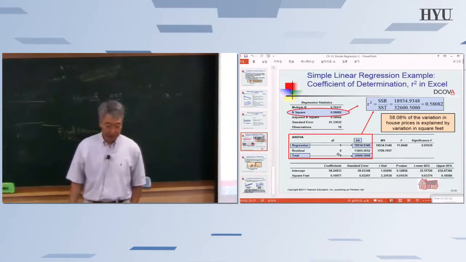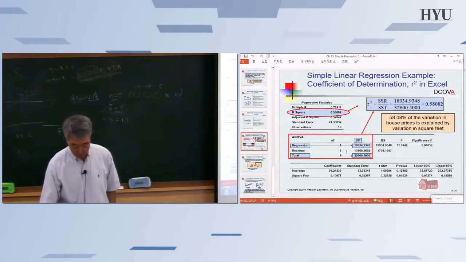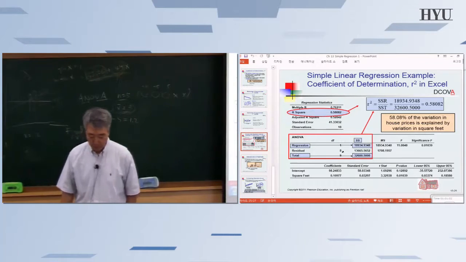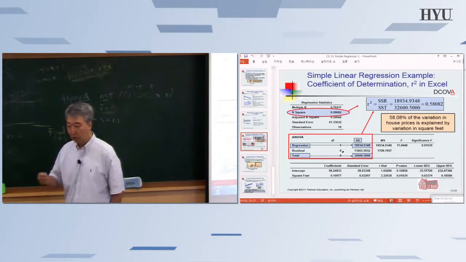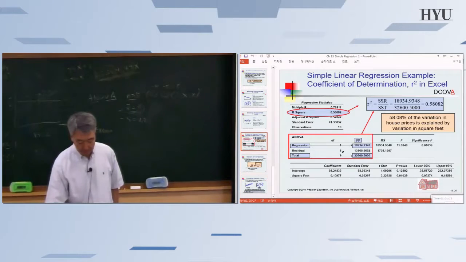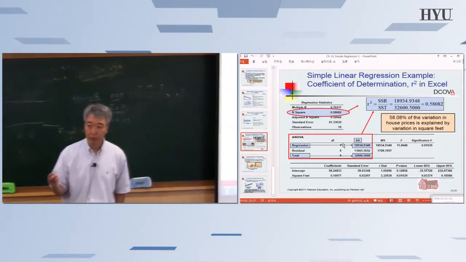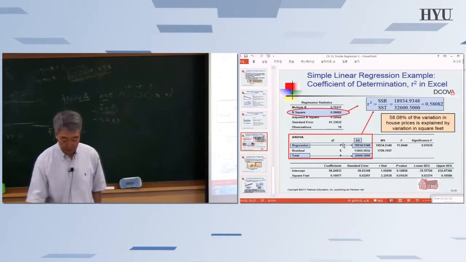So here, the general formula, later in the next chapter when we talk about multiple regression, I'll give you the formula. The degrees of freedom for regression is the number of independent variables. We usually use K. If you have 2 explanatory or independent variables, degrees of freedom would be 2.